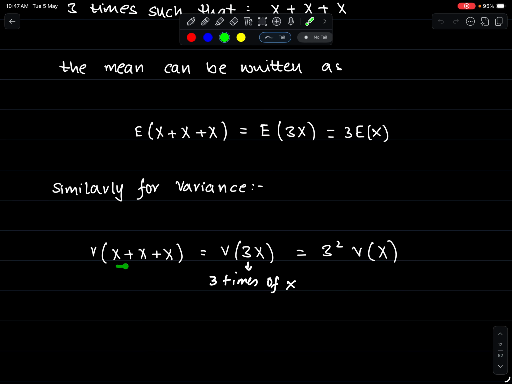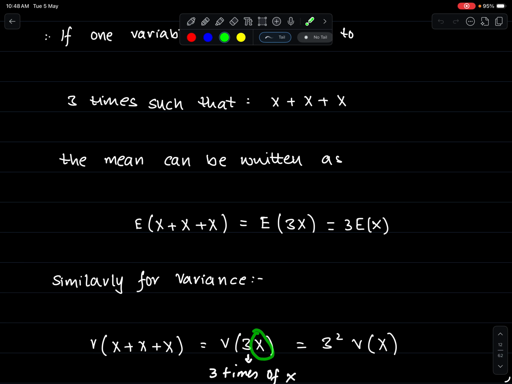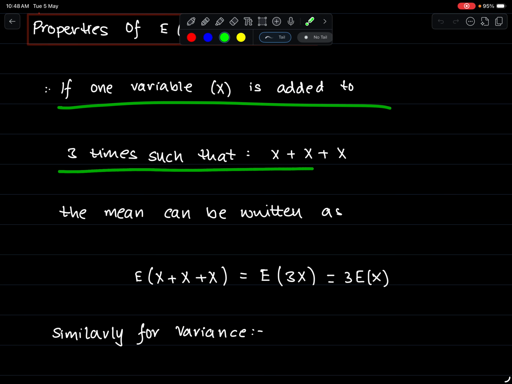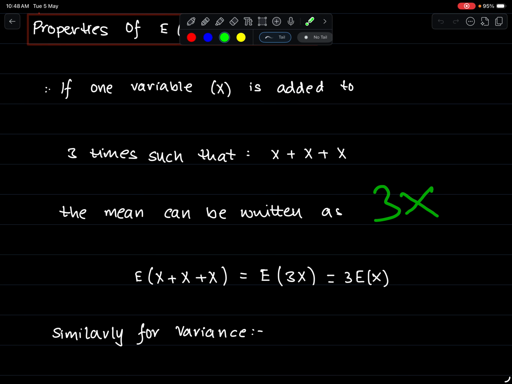For variance, it is 3X, 3 times x, right? So when you bring this out, you must square: 3 square V(X). Whenever we bring a coefficient outside the bracket, we square it, because the coefficient is a multiple of x. It's mentioned: one variable x is added 3 times. So 3X means 3 times x.